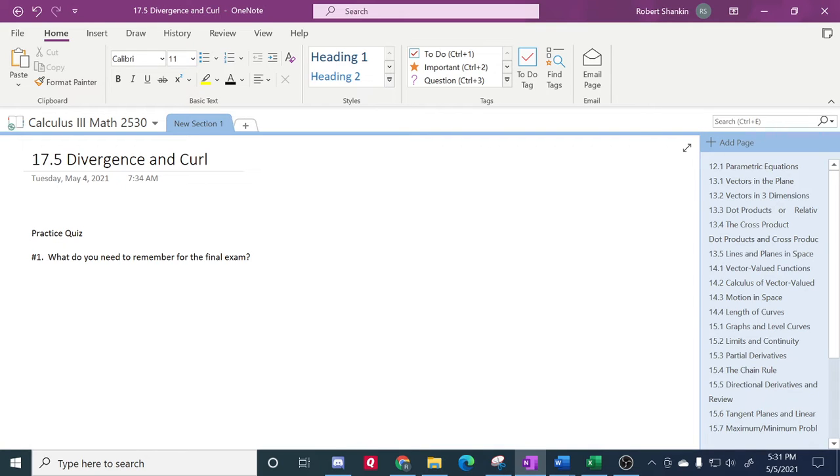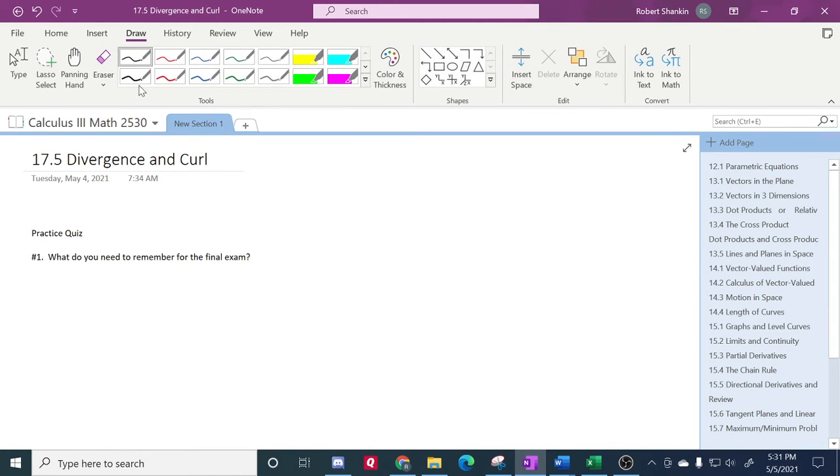What did we do towards the beginning? You don't have to, but it might be a reasonable idea to try to remember what we did towards the beginning of the semester, and what we need to remember on that topic. So anybody wants to lead off? Just go right ahead. What do I need to remember for the final exam?